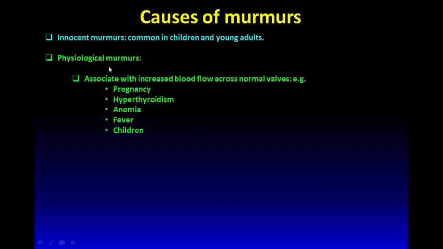The physiological murmurs are heard when there is increased blood flow across normal valves, as in cases of pregnancy, hyperthyroidism, anemia, fever, and also in children. In cases of hyperthyroidism, anemia and fever, there is a hyperdynamic circulatory state. So there is an increase in the intracardiac hyperdynamics.